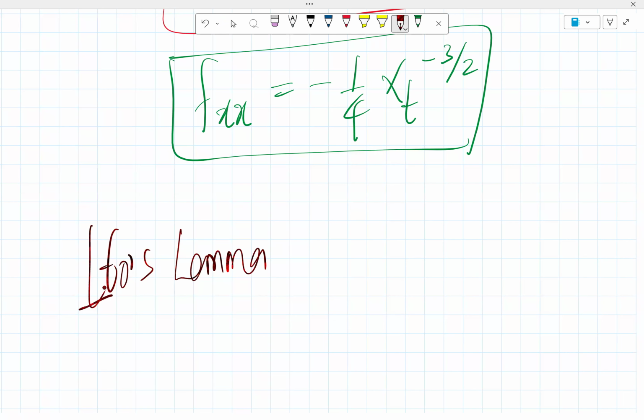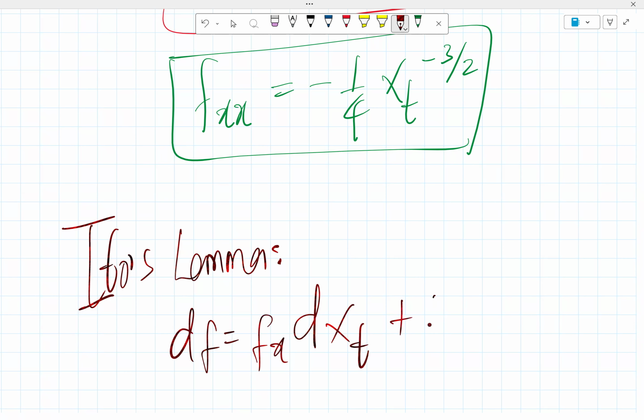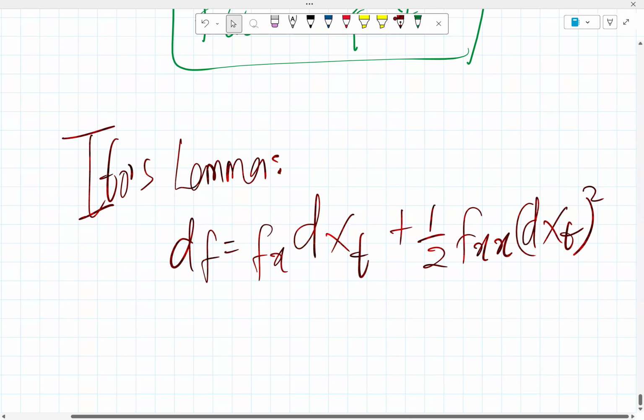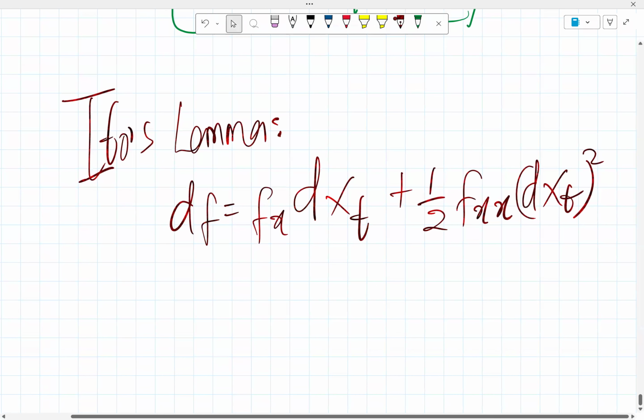If we apply Ito's lemma, what happens? We have that df is equal to f_x dx_t plus half f_xx, second derivative now, (dx_t) all squared, which is dt, by the way.